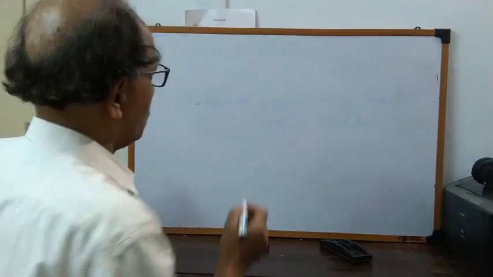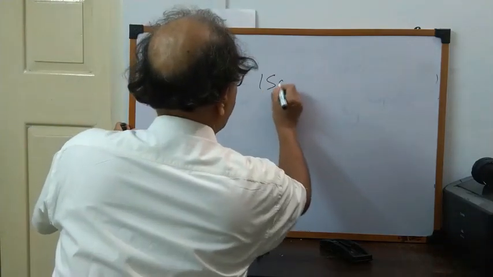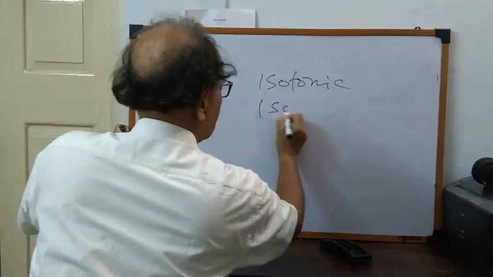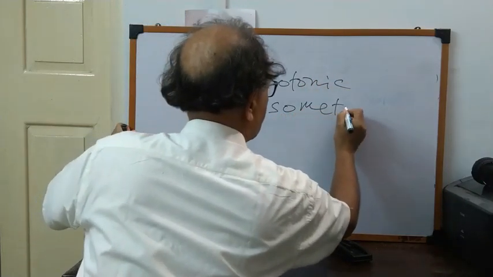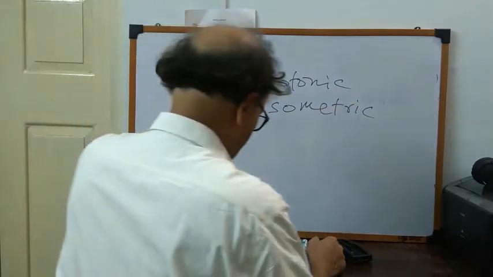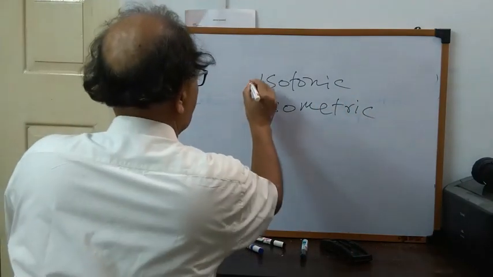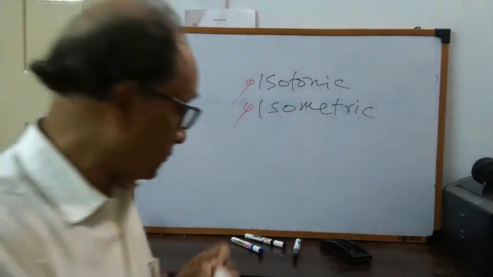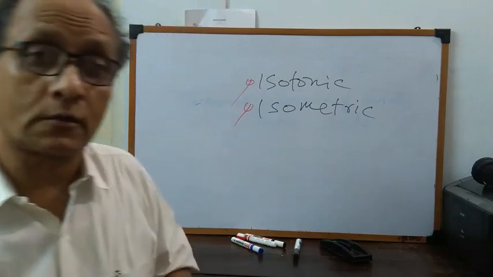Now you must have heard of two fundamental types of muscle contraction. One is known as isotonic contraction and another is known as isometric contraction.